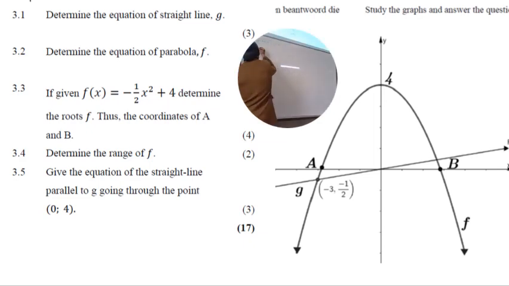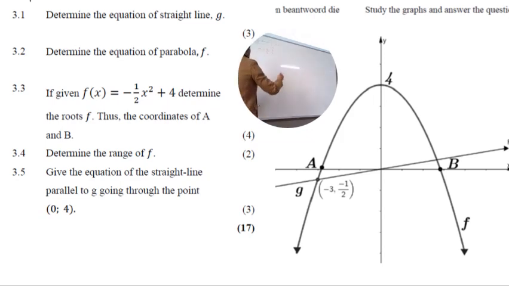Now I need to go determine my m, in this case, my gradient. How do I determine my gradient? I use my formula. My formula is y1 minus y2 over x1 minus x2. All right, so it's the difference of y divided by the difference in x, or we can say the change in y divided by the change in x.